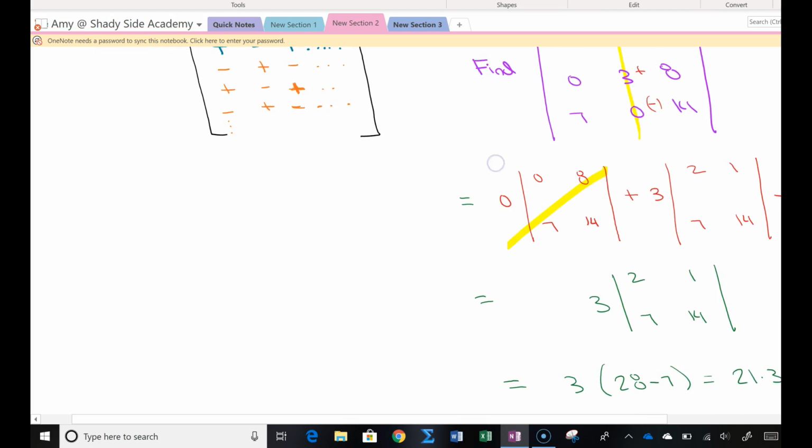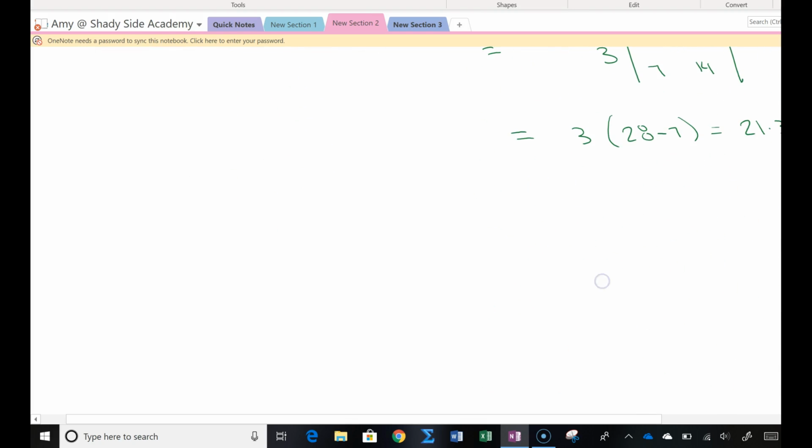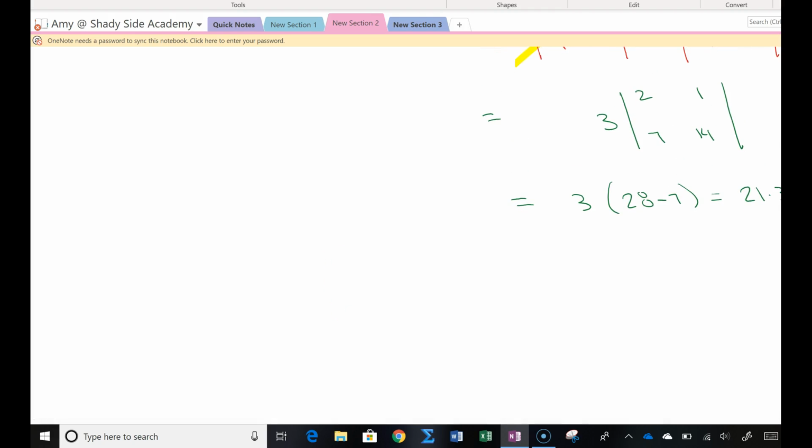Now here's what I want you to talk about. Can you derive, let's say, let A equal an upper or lower triangular matrix. It doesn't matter, pick one.